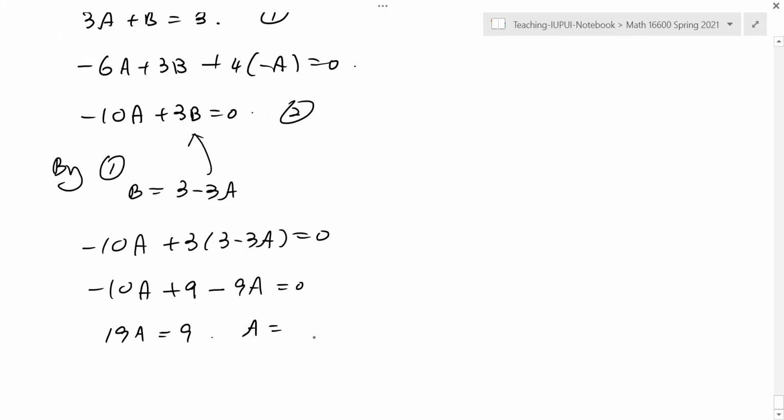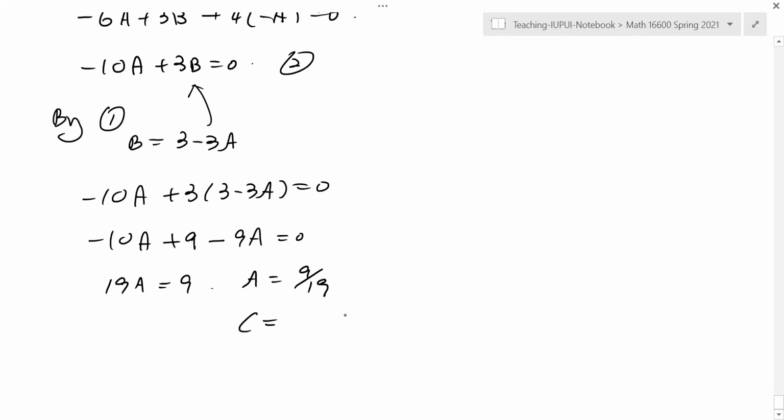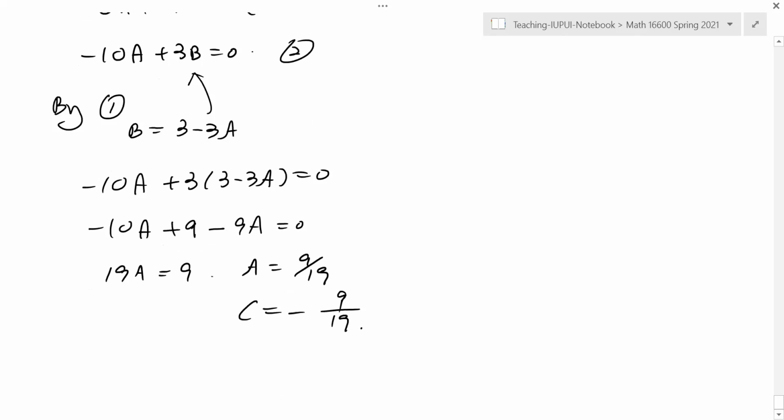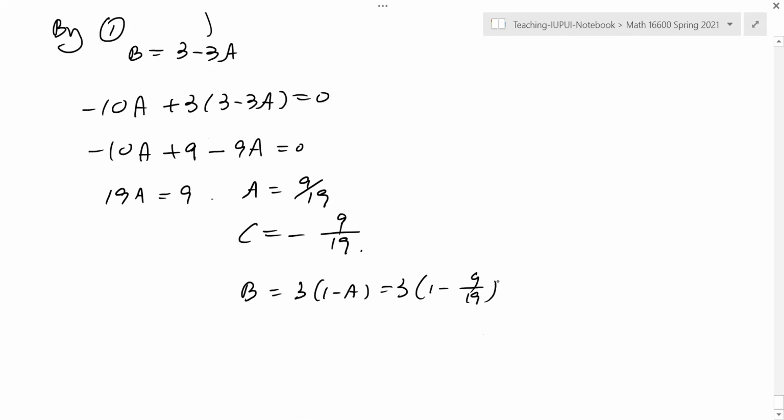So it's really bad, a constant. It's not easy, right? So I also have c equals −a, so it's negative 9 over 19. Now what is my b? b is 3 times (1 − a), 1 minus 9 over 19. 19 minus 9 is 10, so it's 30 over 19.